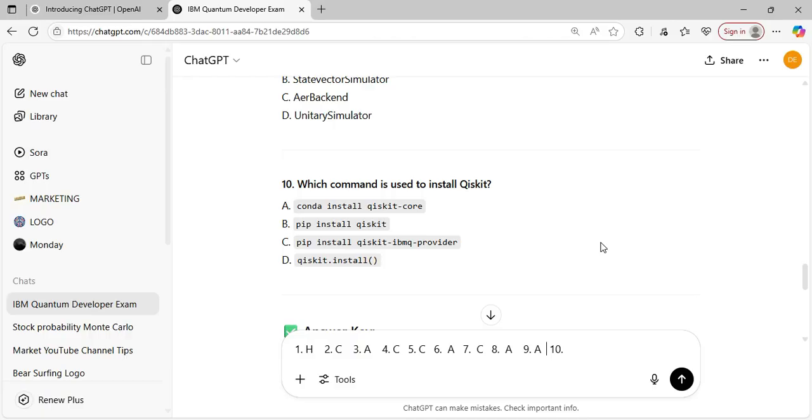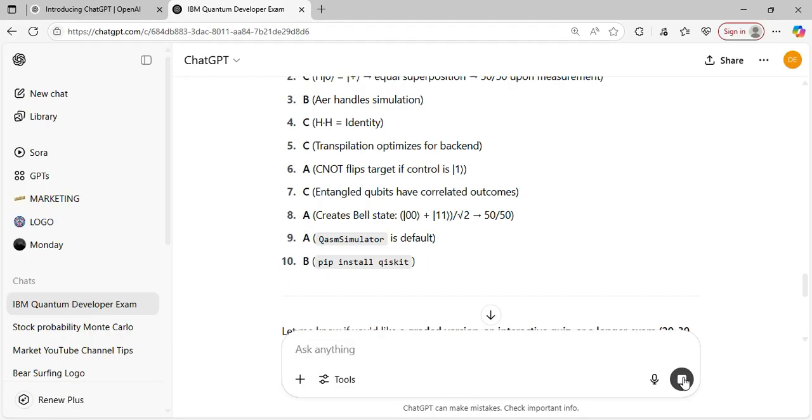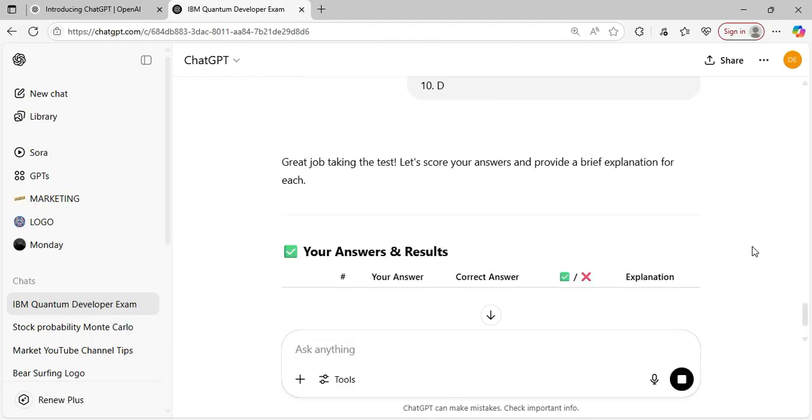Conda install qiskit-core, pip install qiskit, pip install qiskit-ibm... Oh no, I think it's D. So we're going to go with D. Let's see, I finished the test. Let's see what I scored and how well I did out of 10 questions.